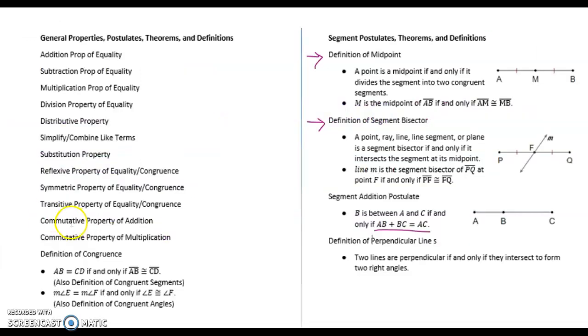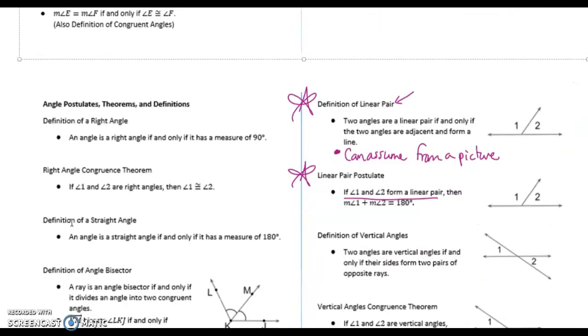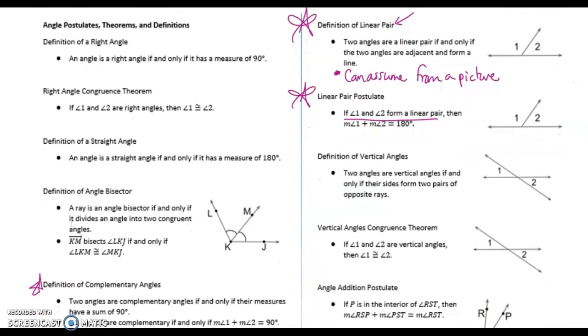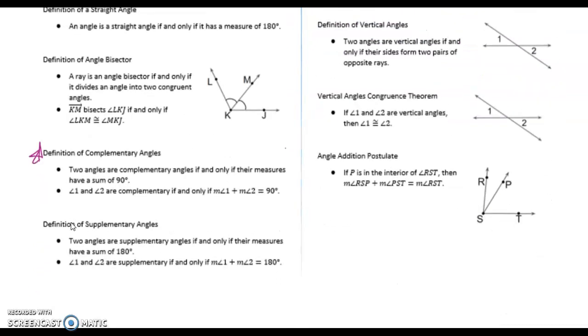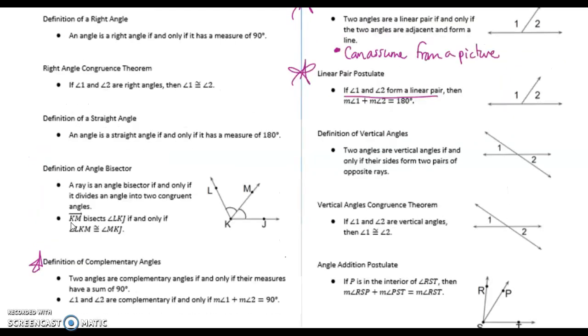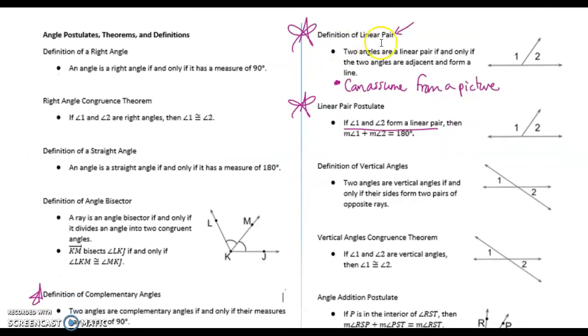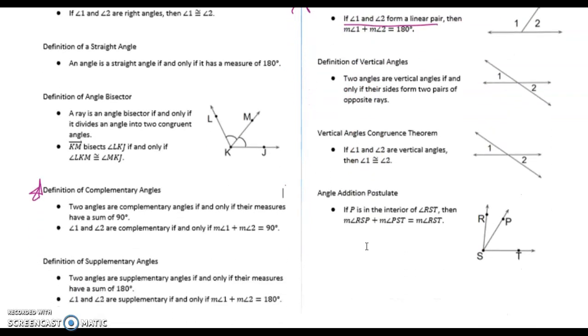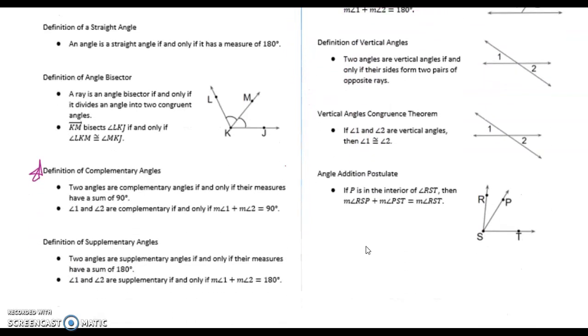Let's work our way through. We don't know it's a right angle, so we can't use that. It's definitely not a straight angle. We don't know that it was an angle bisector. We don't know that they're complementary. They're definitely not supplementary. Over on this page, they're not linear pairs, so those two are out. They're not vertical angles, so those two are out. All we have left is right here, the angle addition postulate.